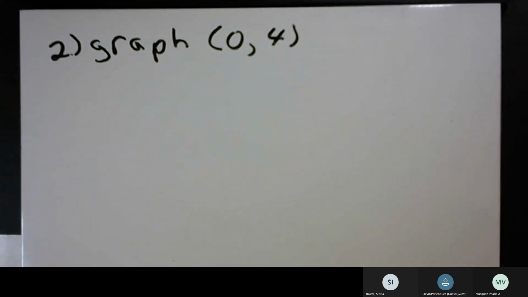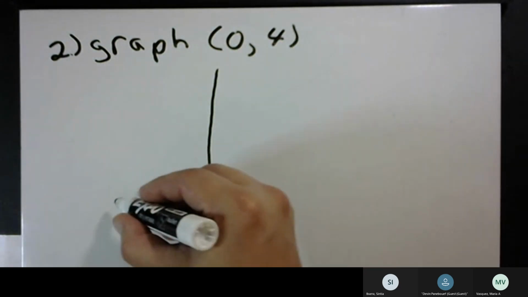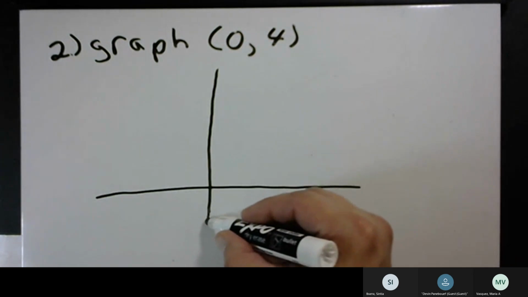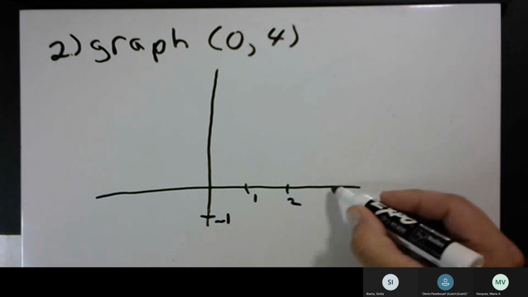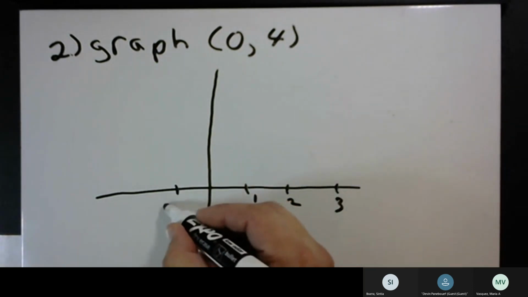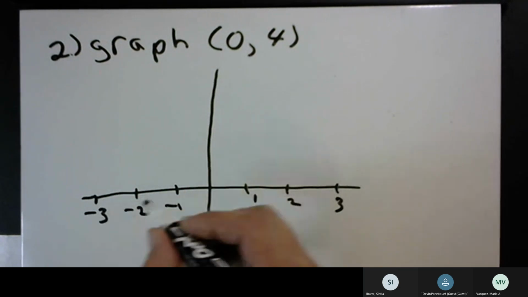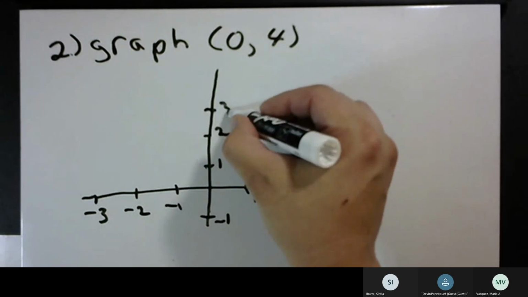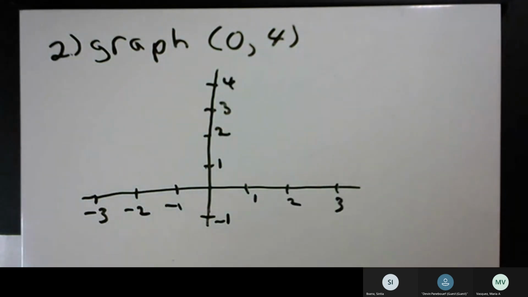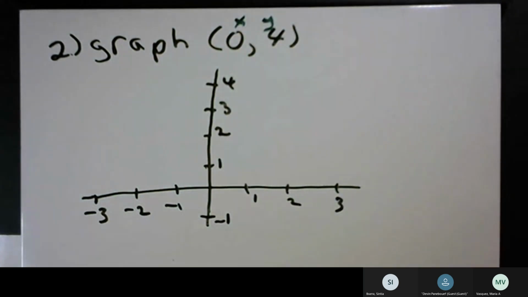So let's say we're going to graph (0, 4). Now, if we take a look, again, this is our x, and that's our y.